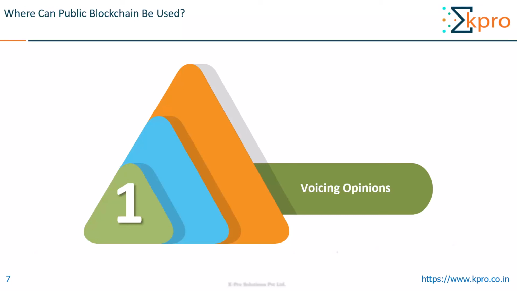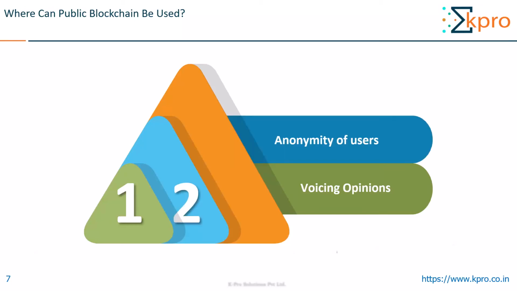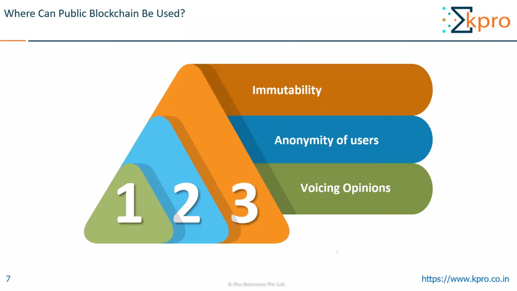In such applications, anonymity of users is very important in order to protect their privacy, and a public blockchain promises anonymity. Since immutability is one of the features of blockchain, in a public blockchain also, once a record is inserted, it cannot be changed. So this is where we can use this public blockchain.